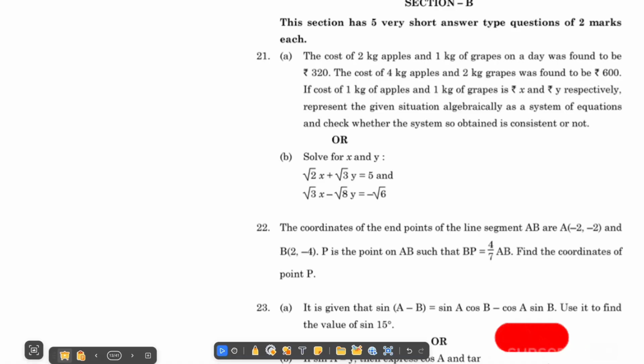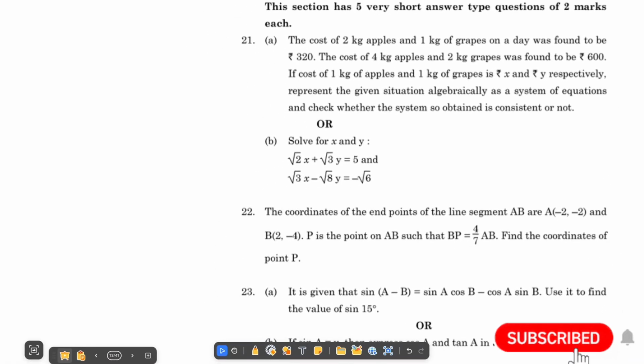2 kg apples and 1 kg grapes is equal to 320.